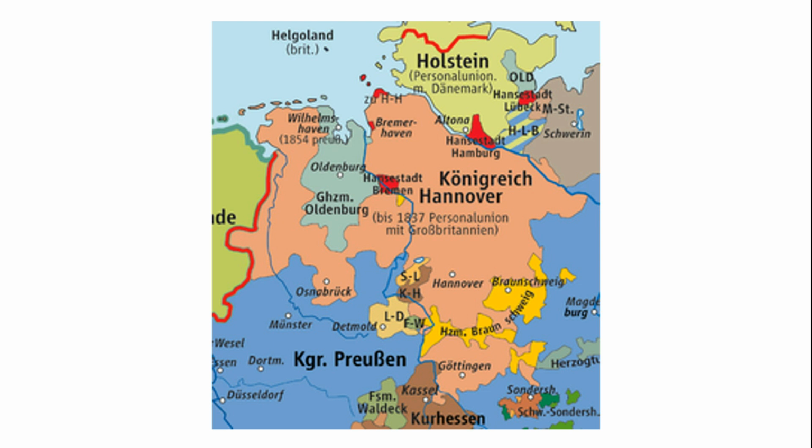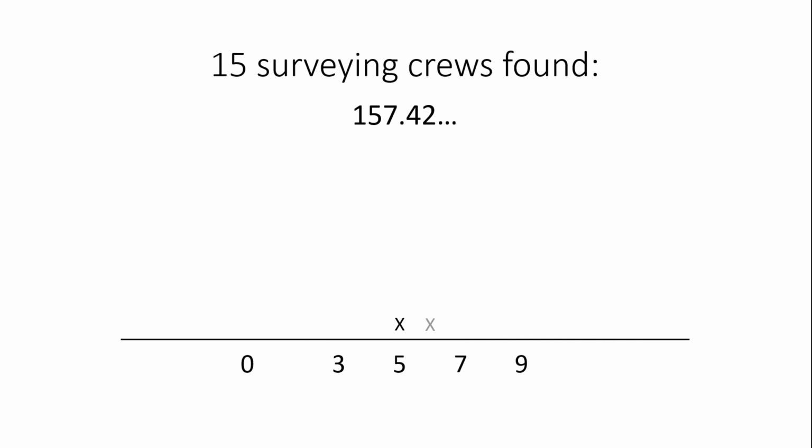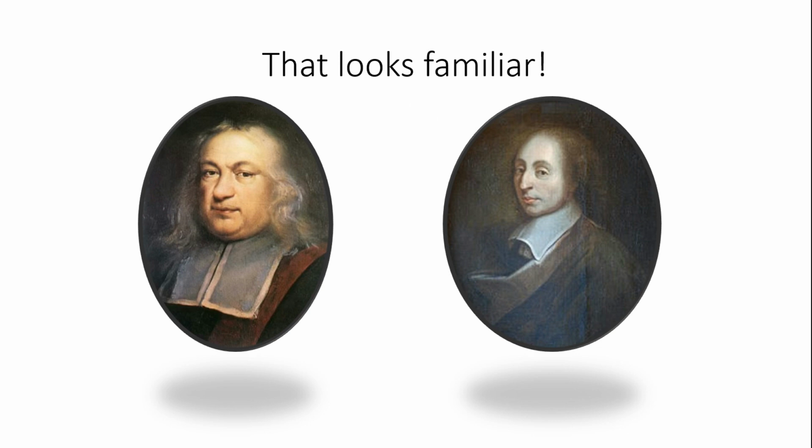But as he tried to develop the map of the kingdom, he noticed that the numbers he was getting back from his crews didn't lie flat. So he sent out 15 crews to measure the same distance. They got the same first 5 digits on the distance, but the 6th was different. So he marked on a line like this where everybody came down, and he said, aha, that looks familiar.